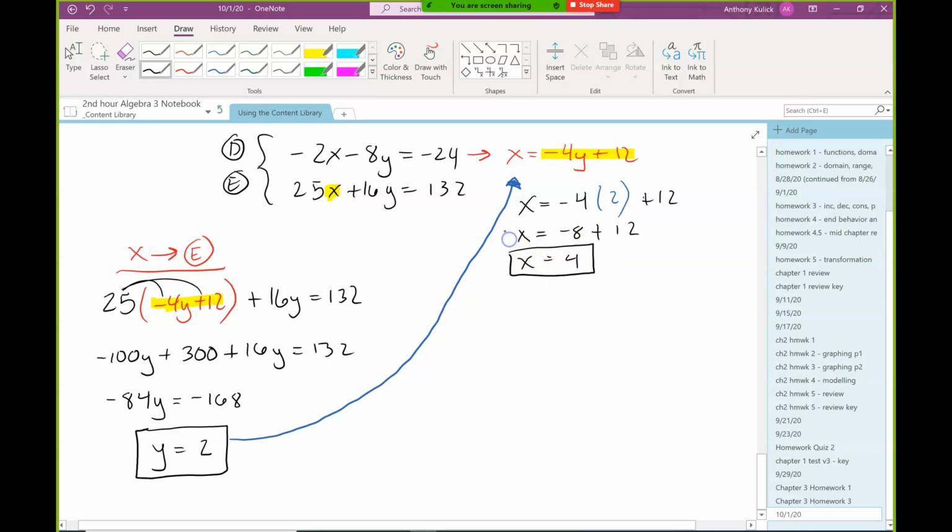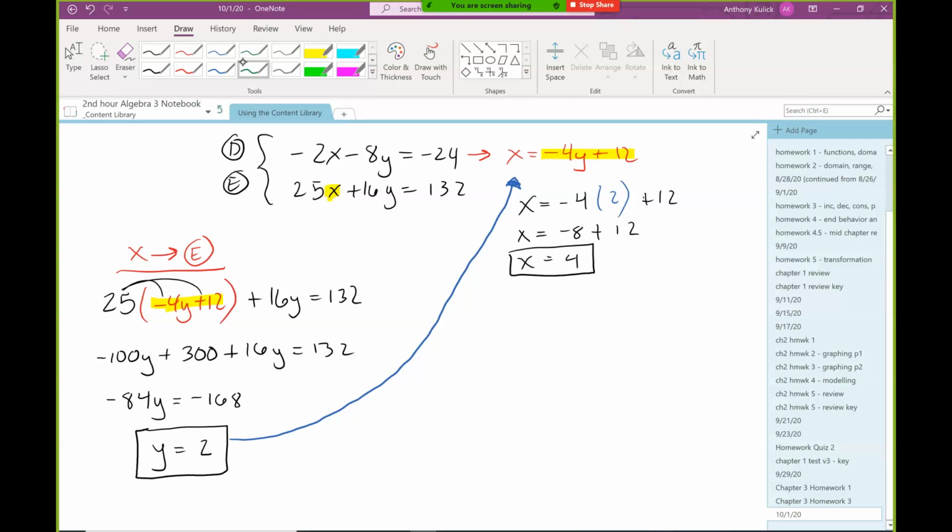So 2 times negative 4 gives me negative 8. And negative 8 plus 12 is 4. Okay. So far, so good.